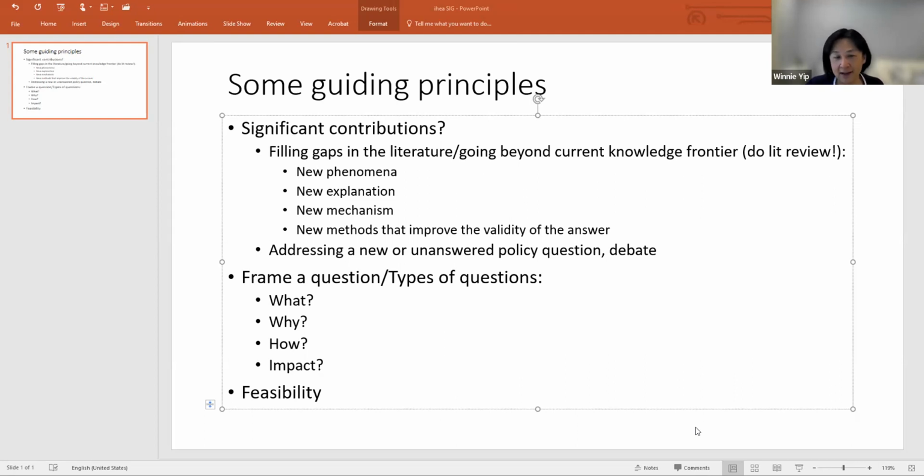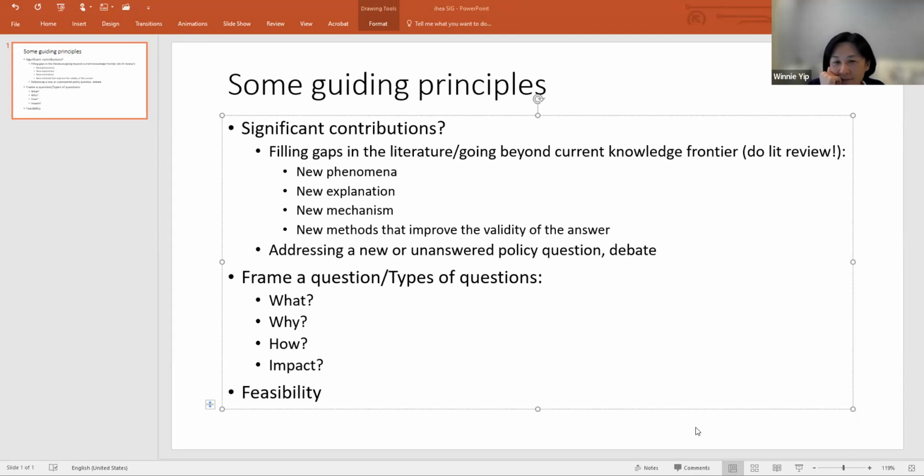I actually think that for some reason, our training has been focusing students so much on new methods rather than new questions. And I think that needs to change, because that actually hurts in publication.